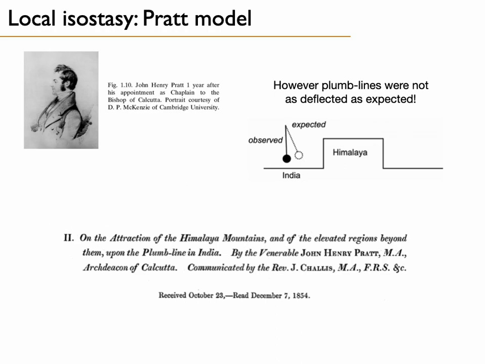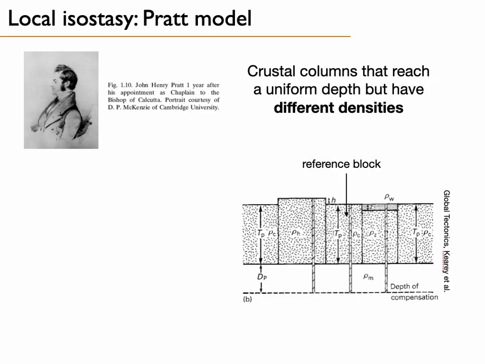And this is where the model of Pratt comes into play. So he had to formulate a hypothesis. And his hypothesis is that crustal columns that reach a uniform depth have different densities. So let's have a look at it this way. You would have crustal blocks here, and you see that all these crustal blocks have a flat base.